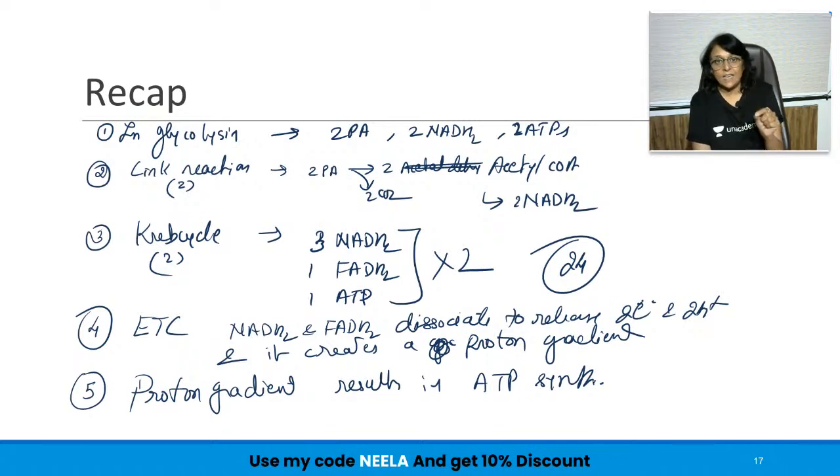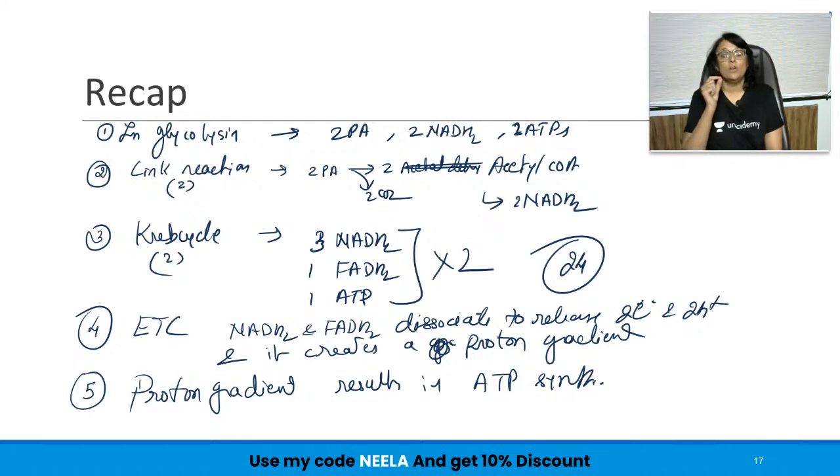So ETC, the electron transport chain, is a counter where you put in the checks in the form of NADH2 or FADH2. And oxidative phosphorylation, that is oxysomes, is the counter from where you get ATP, the energy currency of the cell.